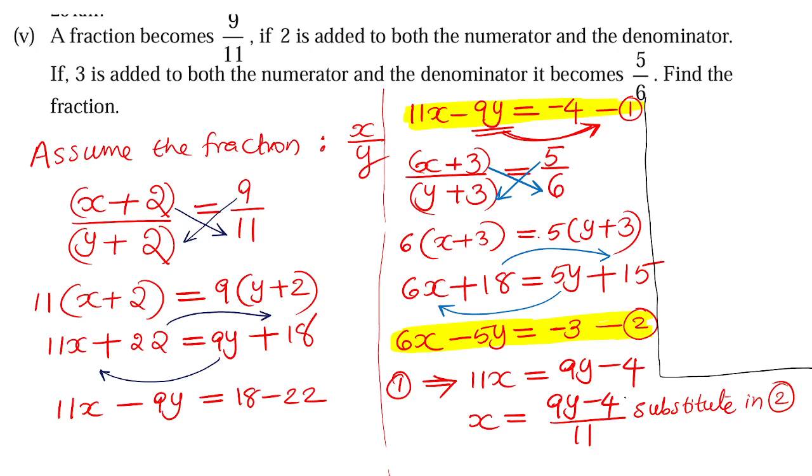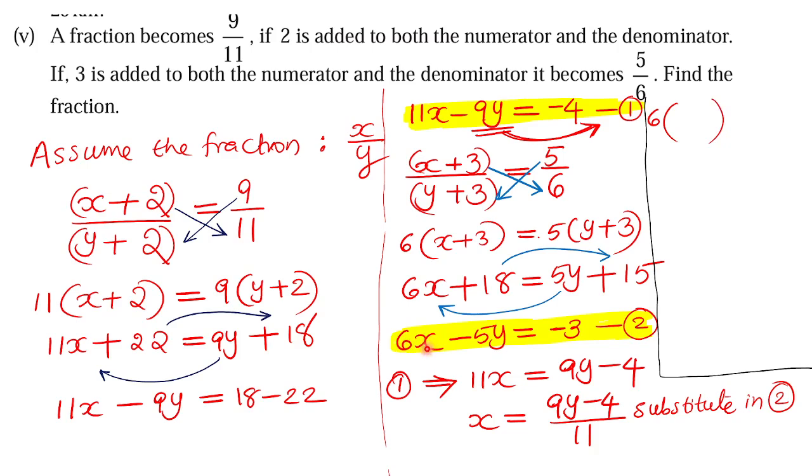And let me write the steps here. So what I am doing is, x equal to this one is to be substituted in the second equation. The second equation is 6 into x. What is x?